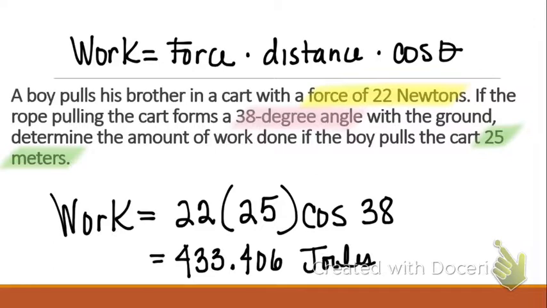And the unit of measure is joules. A joule is a newton times a meter. So 1 joule equals 1 newton times a meter.